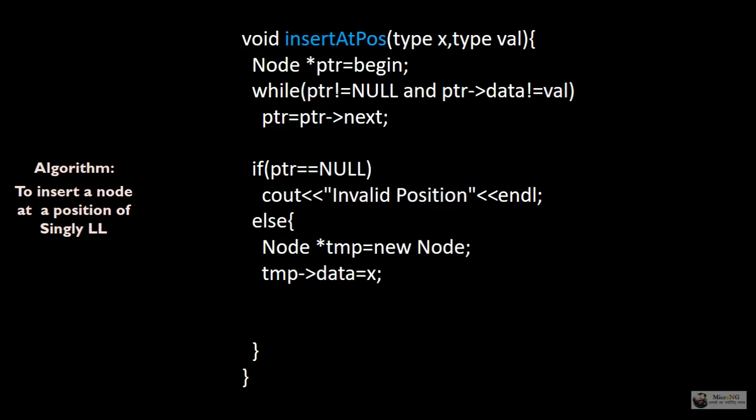Now TMP next should point to PTR next. Wherever the PTR is, its next should be pointed to. So TMP next equals PTR next. Now PTR next should point to TMP. So PTR next equals TMP. This way we make the connection so that a new node gets inserted after a particular node value.